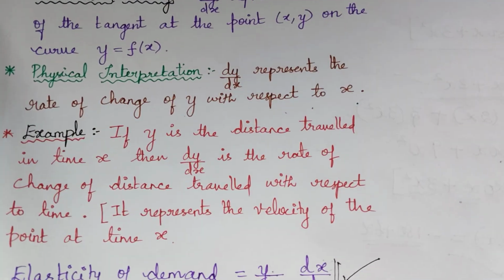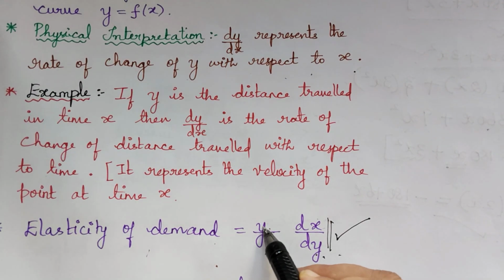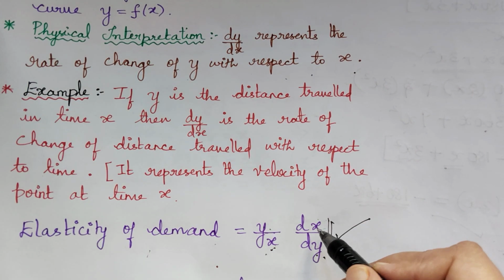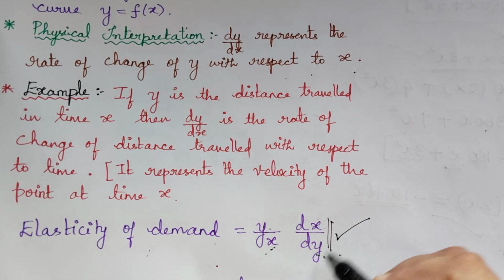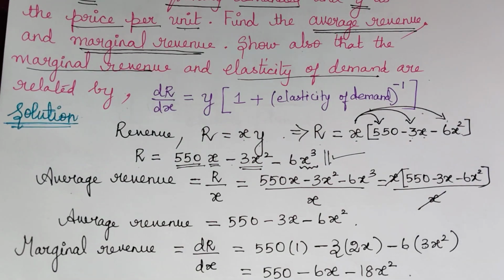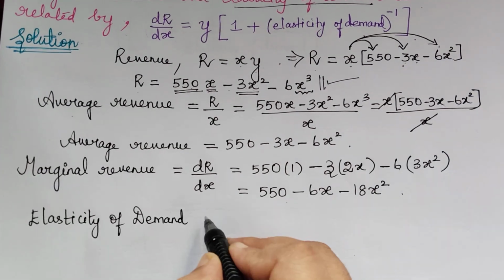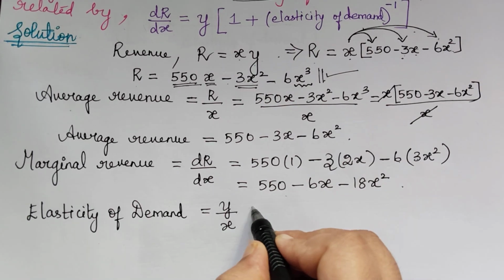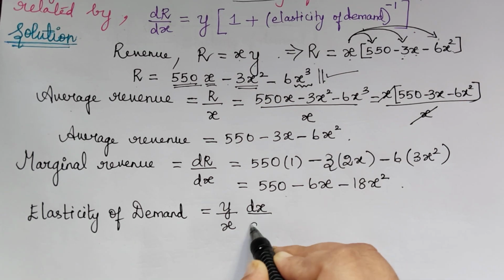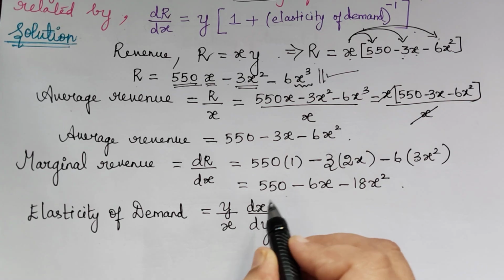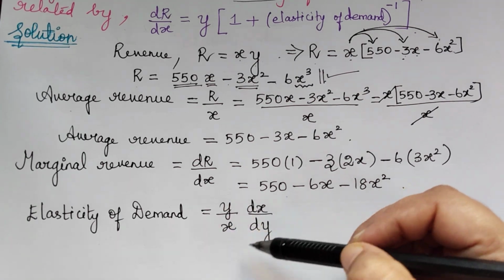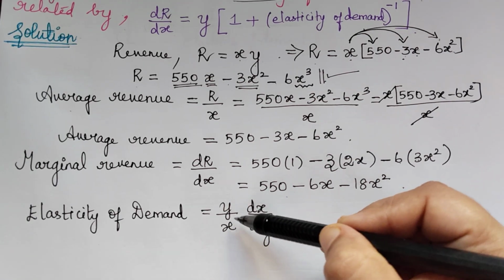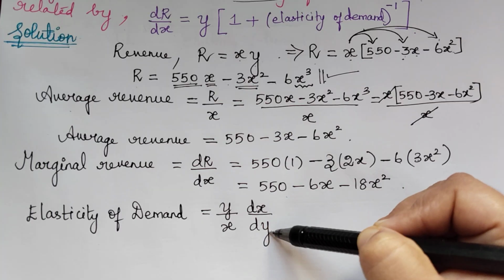We know that the elasticity of demand is given by y by x multiplied with dx by dy. So let us write this. So the elasticity of demand is equal to y by x multiplied with dx by dy. Now in order to find the elasticity of demand, we need dx by dy.